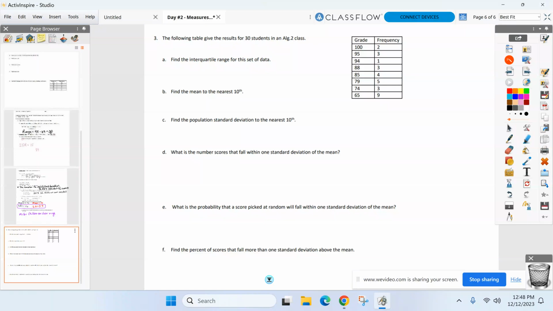So parts A, B, and C should be no problem. Your calculator gives you those values, and then I have to take over for D, E, and F. I want everyone to try it on their own here. Find those values on your own, and then we'll compare as a class.